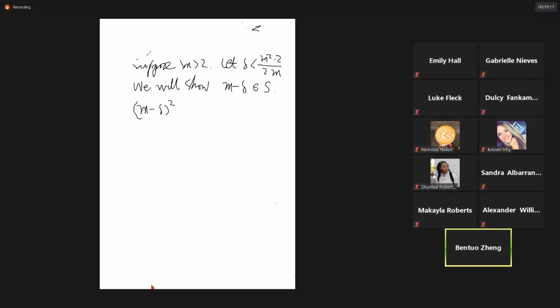So we first compute M minus delta squared. This is equal to M squared minus 2M delta plus delta squared.